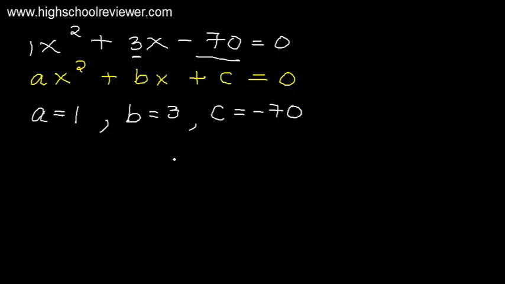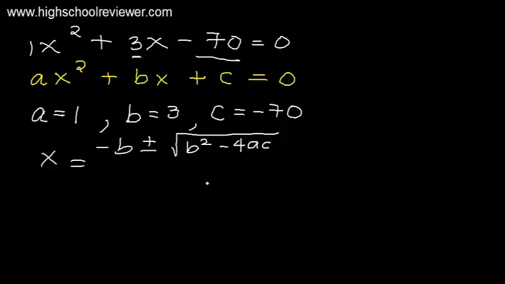Okay, so since we now have the values of a, b, and c, we can now solve the quadratic equation by using the quadratic formula. Our quadratic formula is x equals negative b plus minus the square root of b squared minus 4ac all over 2a.